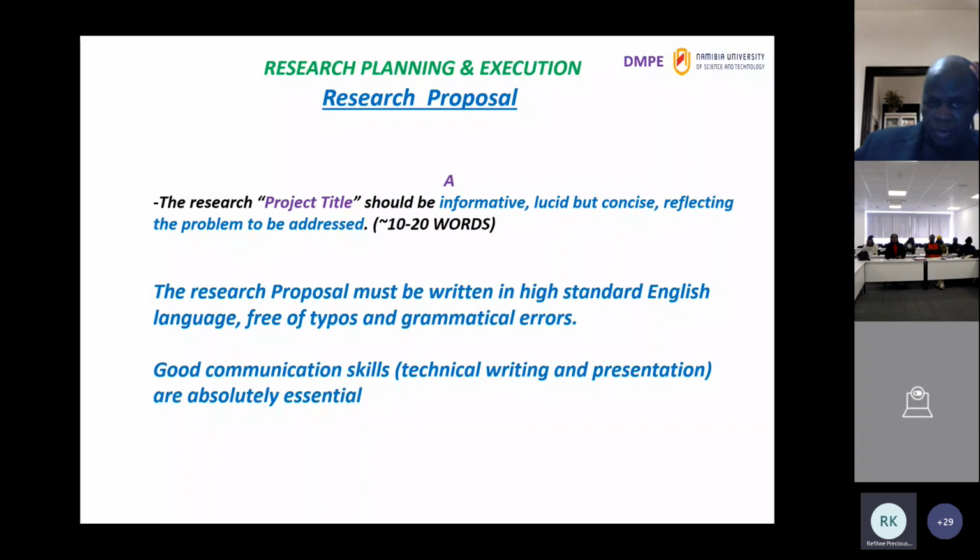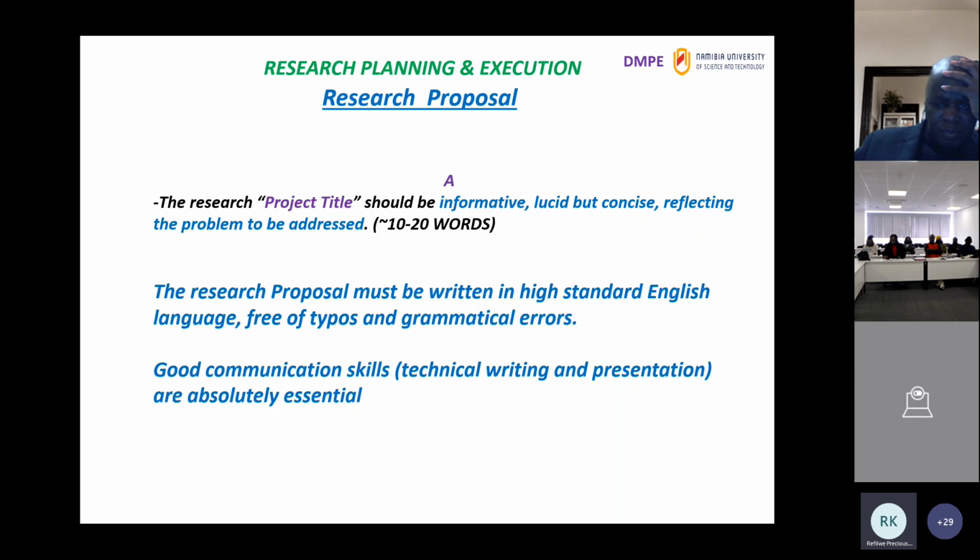So if you have difficulty in writing your proposal, that will meet the first test of Senate, because at the Senate, any obvious display of typos and grammar errors would send the proposal back another 3-6 months, right?